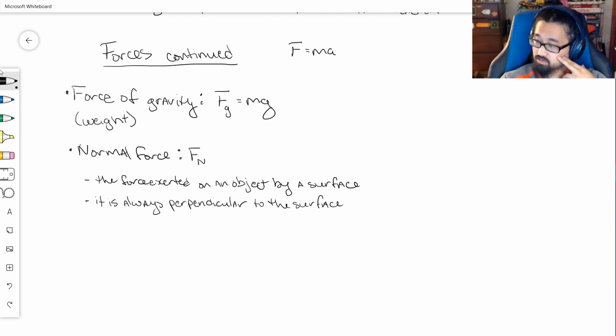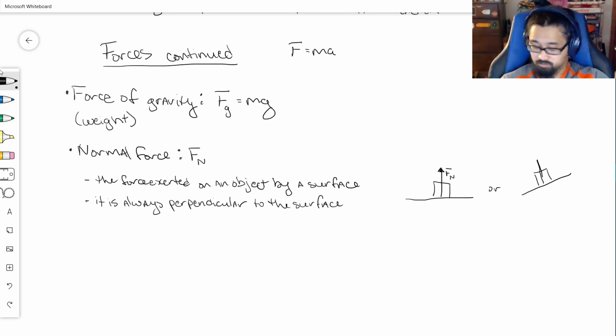What that means is that if I have a box sitting on a table, and I'm just going to simplify it down to this, there would be a force from the table acting on the box like this, and I would call it Fn, the normal force. Alternatively, if you have an object on a hill, start from the surface and go as perpendicular as I can.